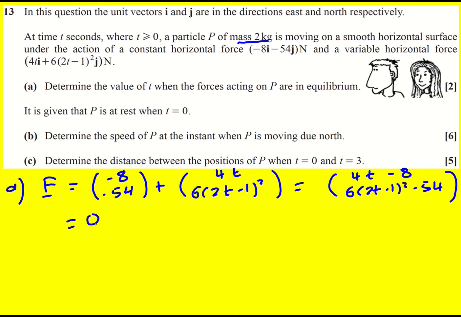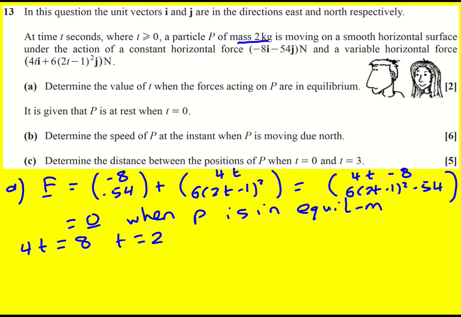And this is going to equal 0 when P is in equilibrium. So it must be that 4t is equal to 8 and t is equal to 2.